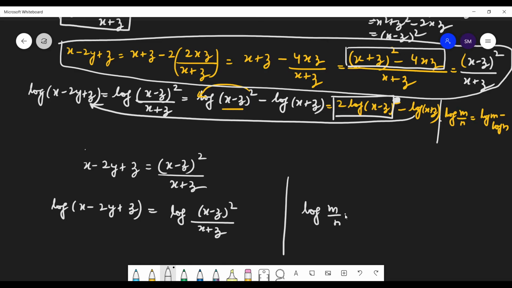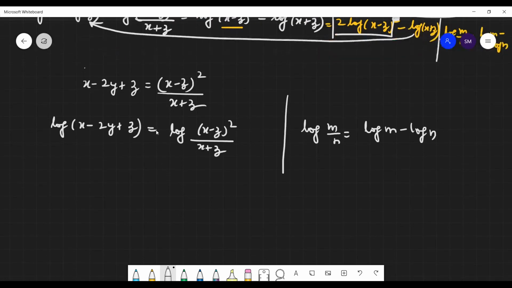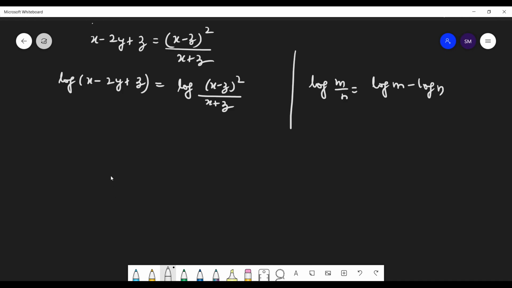Log m by n is equal to log m minus log n. So simply use this formula over here. What will you get? Log of x minus 2y plus z equals to, you can write it later also, log of x minus z whole square minus log of x plus z.